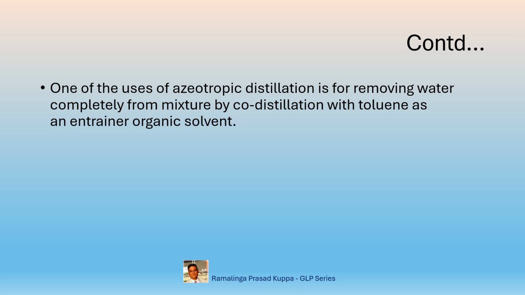One of the uses of azeotropic distillation is for removing water completely from a mixture by co-distillation with toluene as an entrainer organic solvent. This technique is very important for anhydrous reactions. Toluene forms an effective azeotrope with water and distills out almost to 100%.